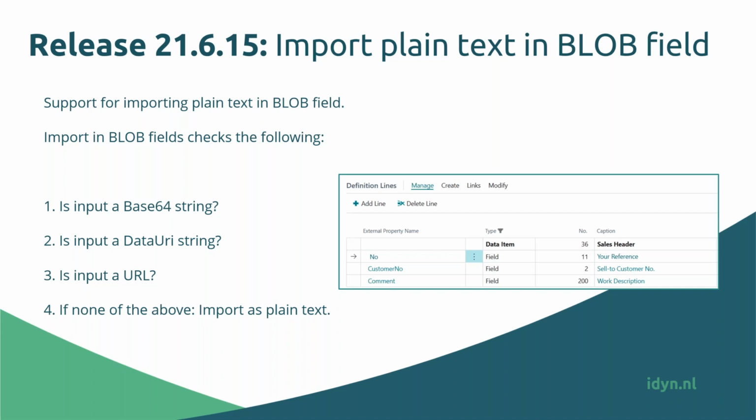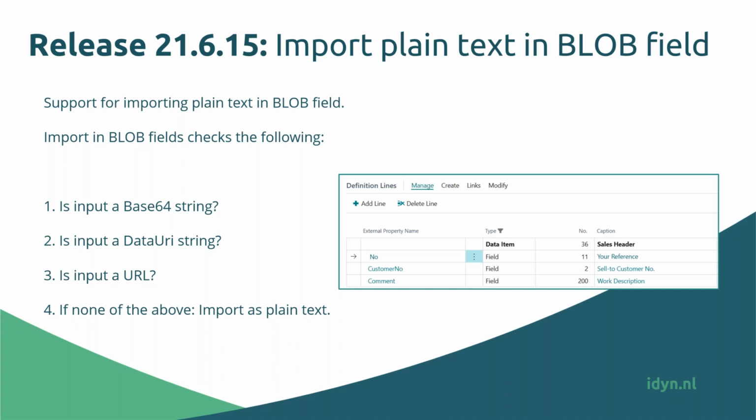First of all, a check is done if the input is a base64 string. In that case, it will decode the string and write it to the blob. Next, it checks if it's a data URI string, where it gets the base64 part, and also decodes that.